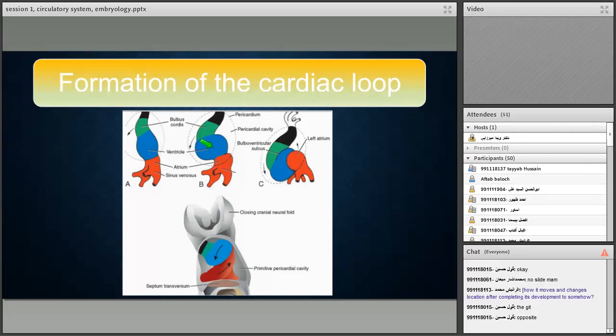It connects the common atrium to the early embryonic ventricle. The blue part is the embryonic ventricle and this is the atrium. The atrioventricular canal is connecting the atrium to the primitive ventricle.